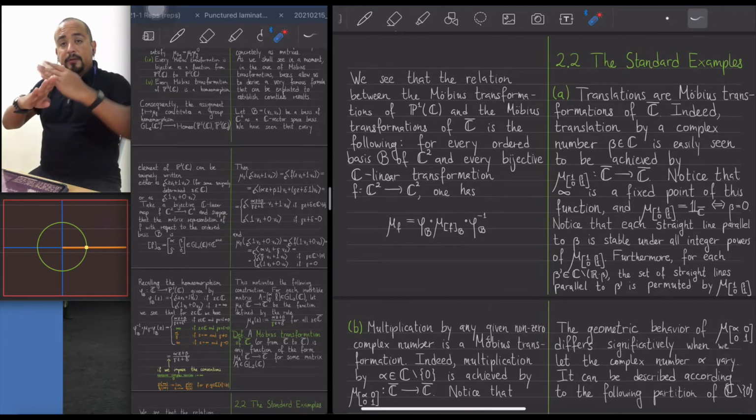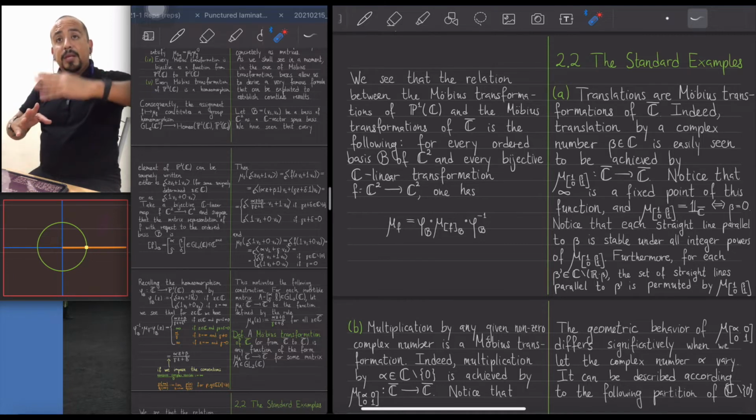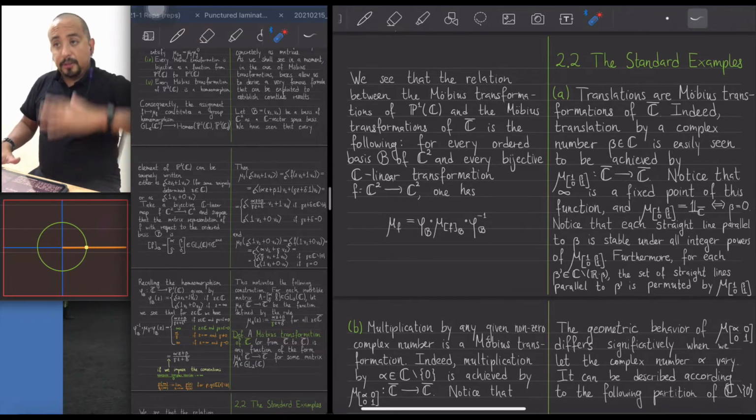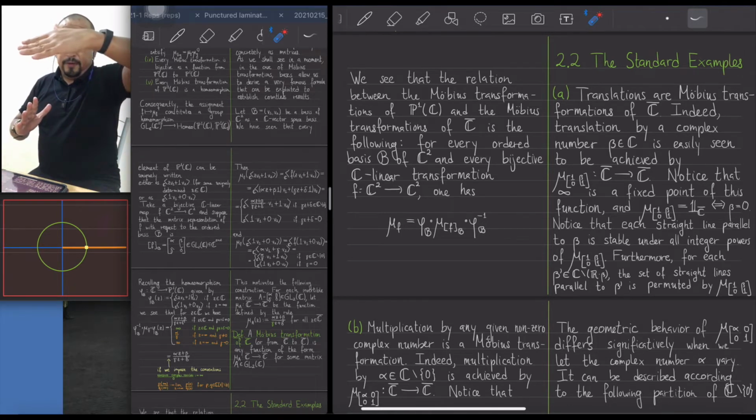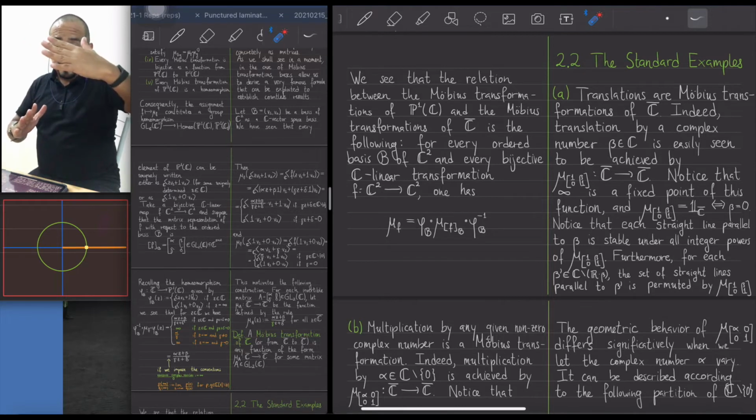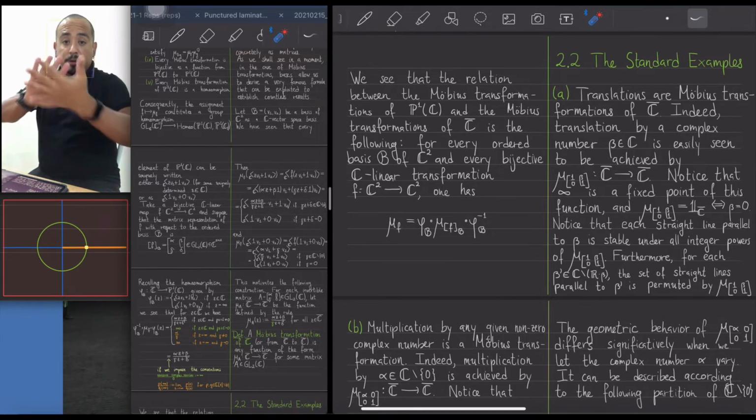So we have many different families of curves that cover C disjointly and are permuted by the action, because it doesn't matter if this family of lines is, for instance, orthogonal to the family of lines parallel to beta, or if it forms another angle different from 90 degrees.